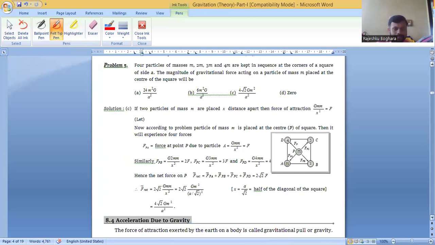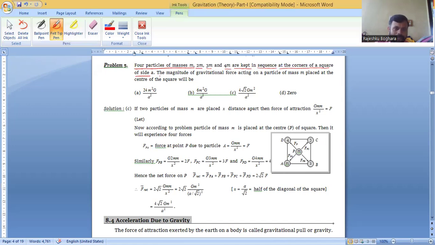Example 5. Four particles of masses m, 2m, 3m, and 4m are kept in sequence at the corners of a square of side a.